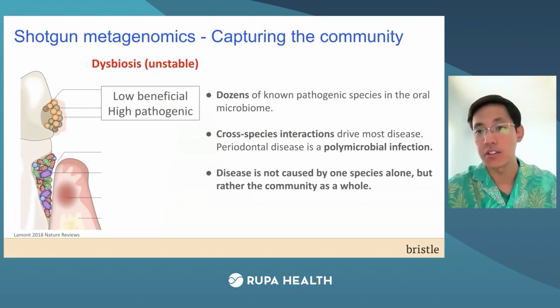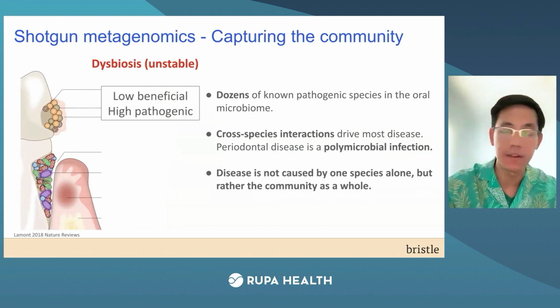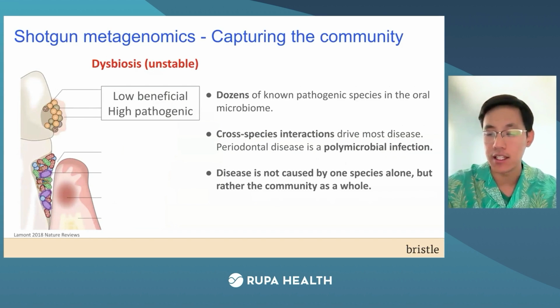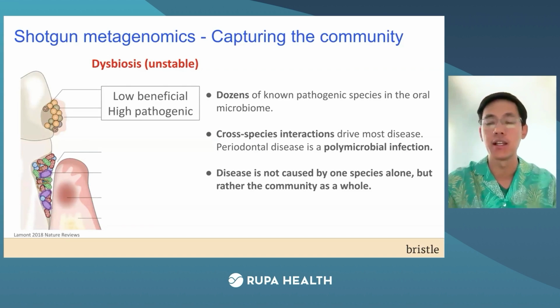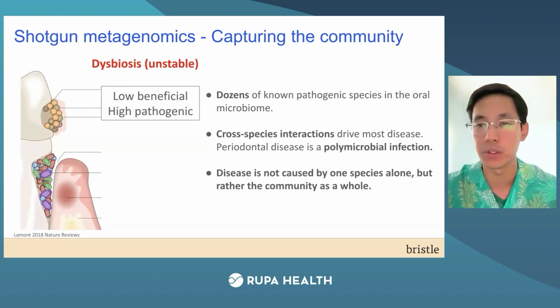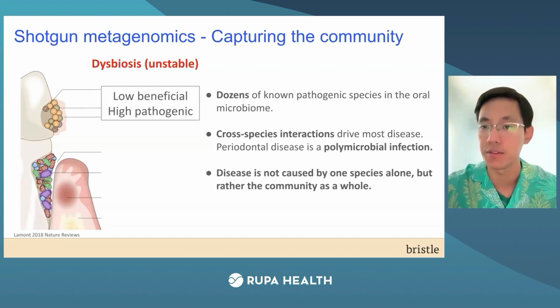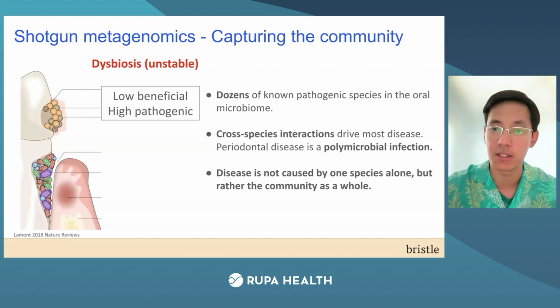These cross-species interactions are really important. So even if you have a really scary pathogen like Porphyromonas gingivalis, really its activity is much worse when in combination with other types of pathogens like Fusobacterium or Prevotella intermedia. And so the combination of multiple species is much more aggressive than individual species alone.